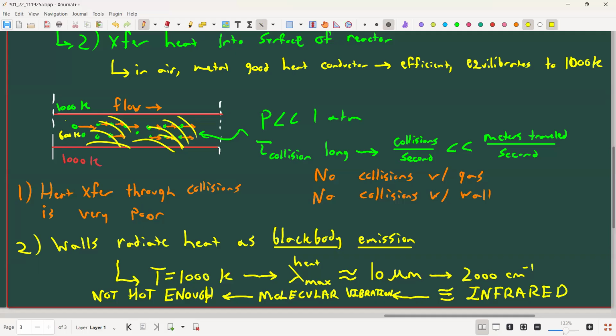So Lindemann and Hinshelwood realized this, and now they want to verify it experimentally. How do you verify that? Well, the claim is that the most effective way to get this stuff to react is through collisions. Collisions are a much more effective way to transfer energy between a surface and a material or between individual molecules. We want to do collisions.